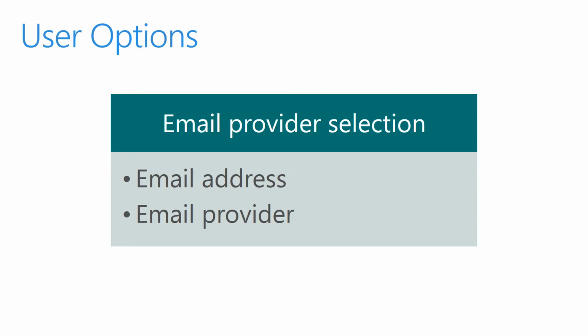This is done by navigating to System Administration, opening Users, selecting a user from the list, and then clicking the User Options button. That will open up a new screen, and on the Account tab from that screen, you can enter some basic information about the email provider and the email address for that user.